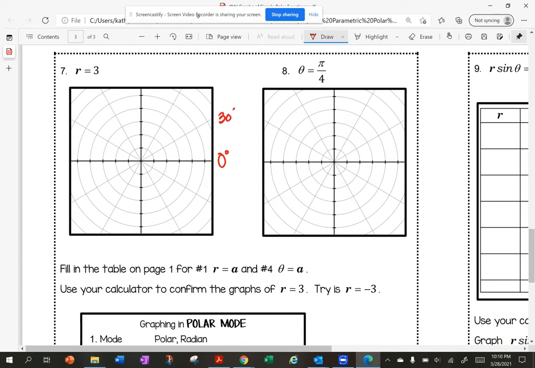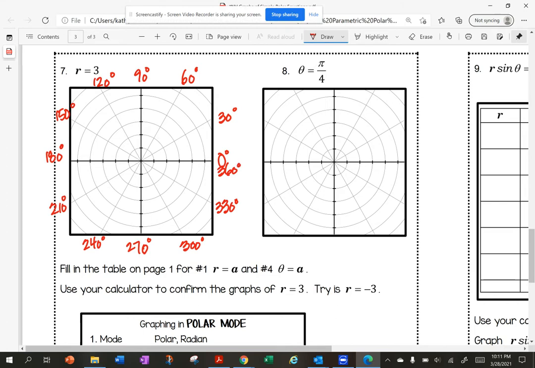So I'm just counting by 30s: 30, 60, 90, 120, 150, 180, 210, 240, 270, 300, 330, and back to 360.